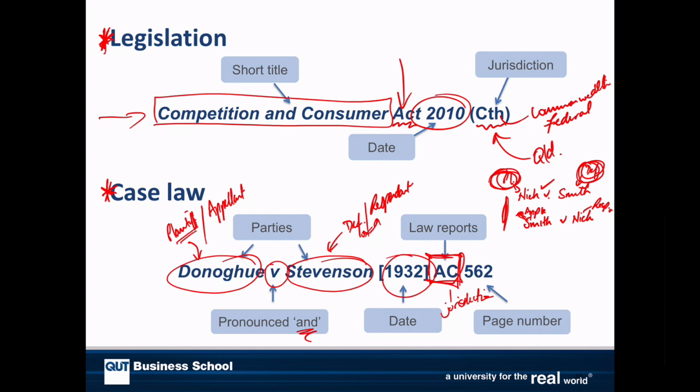So this case comes from the English courts that we've adopted here in Australia, and we can find it on page 562 of this particular series of law reports. Okay, so again, this case law citation gives us quite a lot of information: the parties, the year, what the jurisdiction was, and how to find it.